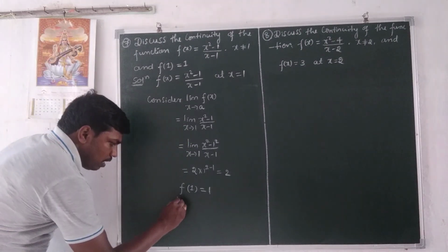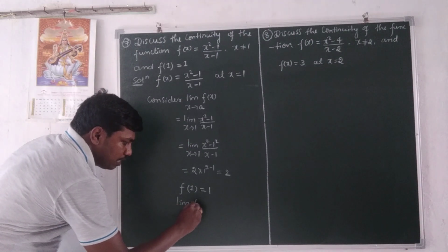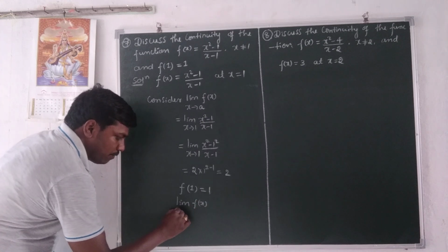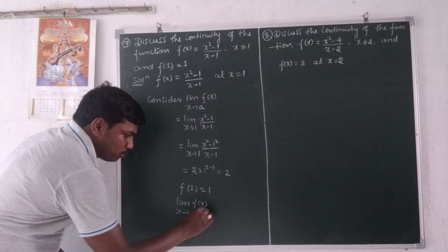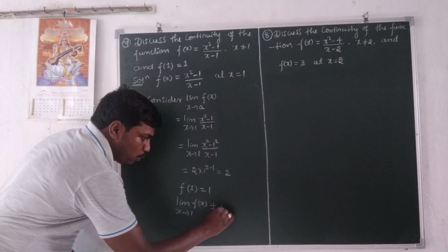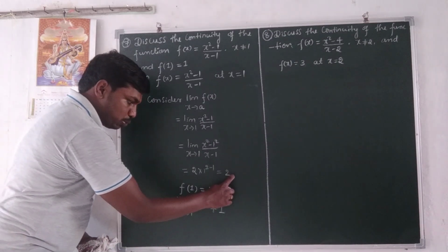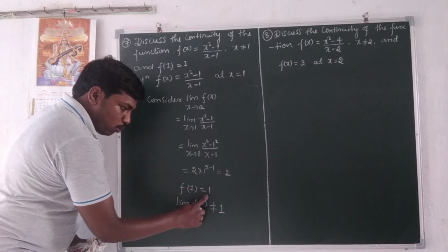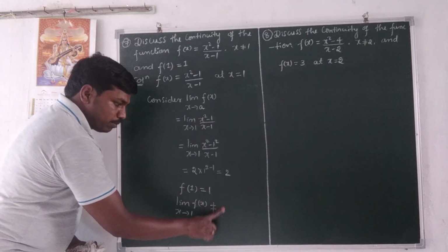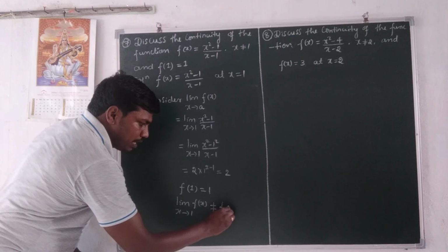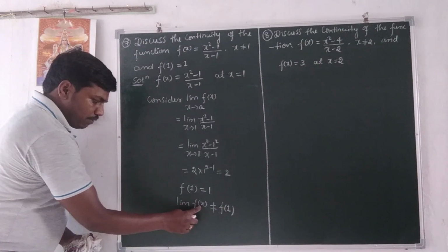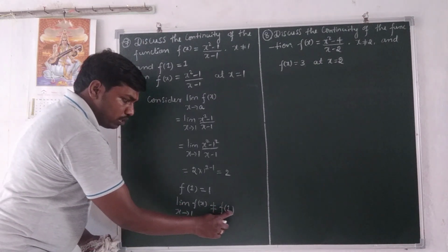Limit f of x as x tends to 1 is not equal to f of 1, because limit f of x as x tends to 1 is 2 and f of 1 is 1. So 2 is not equal to f of 1.